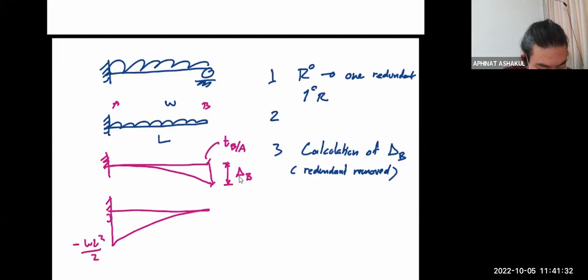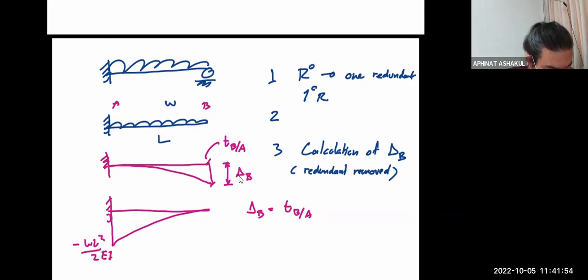And delta B is equal to TBA. And you need to use the M over I diagram, so I would divide it by I. That will give the value of WL square over 2I.